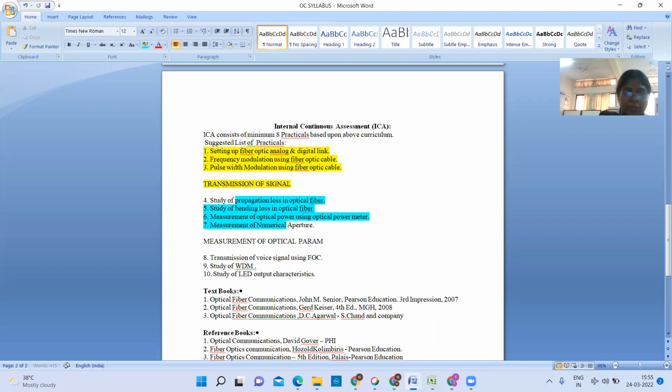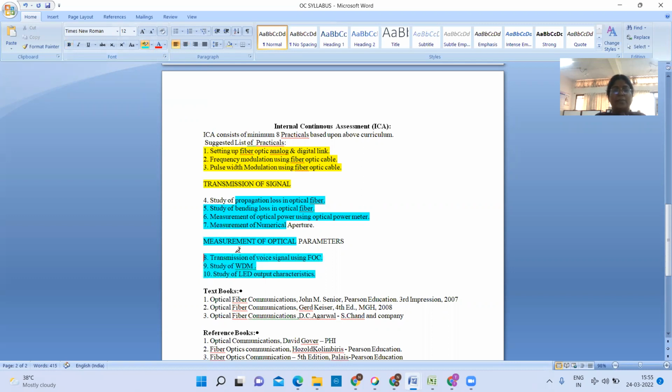We are going to measure the bending losses. We are going to measure the propagation losses. We are going to measure the numerical aperture like this. Okay. Then next 8, 9, 10.